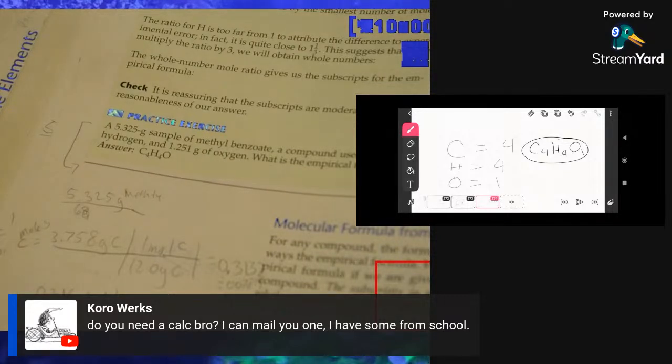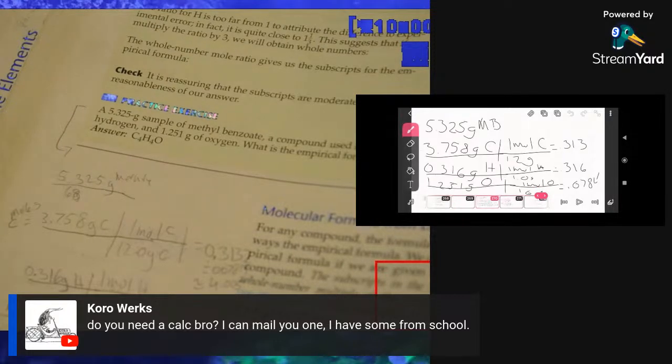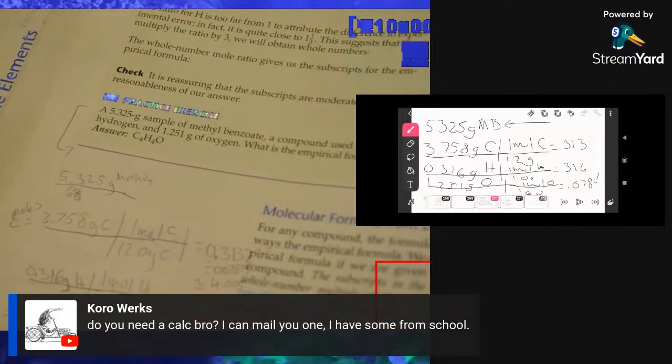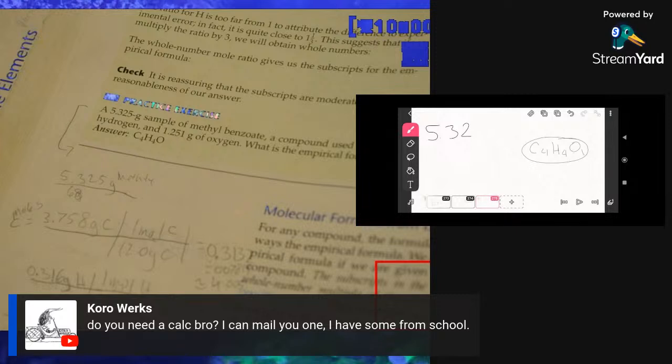Another thing I want to point out: you see this initial amount that they gave us? That does not mean anything, because we're basing everything off 100 grams. If you want to find out exactly how much oxygen you have, now you have the formula, and they gave you 5.325 grams of C4H4O.